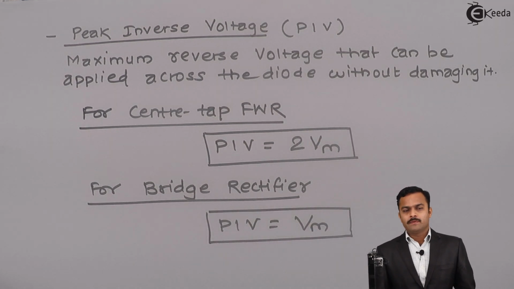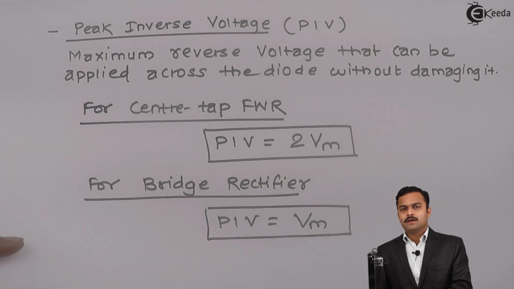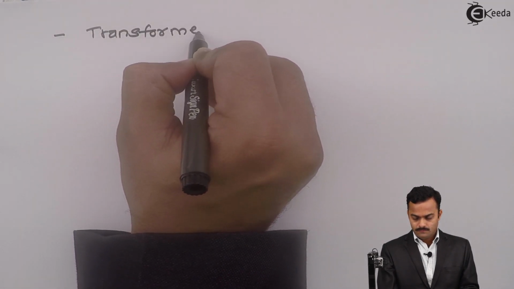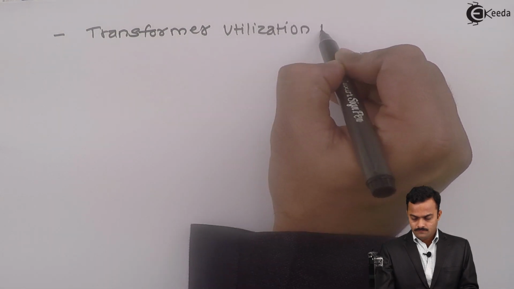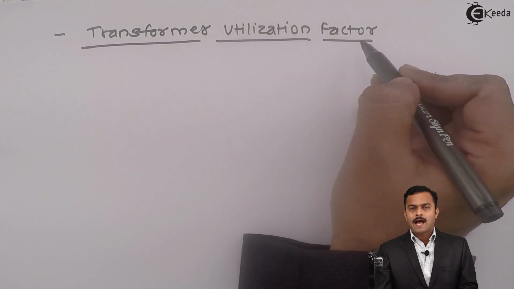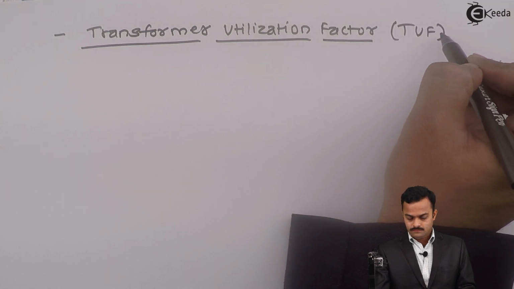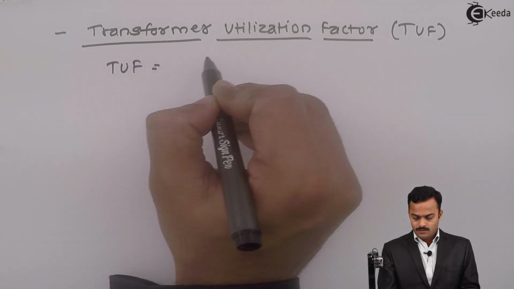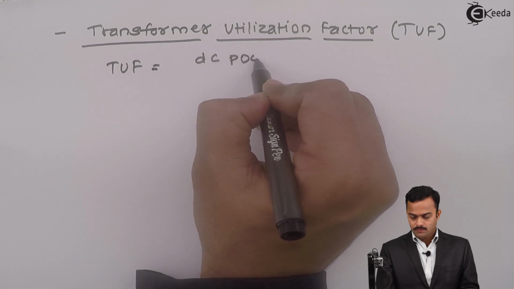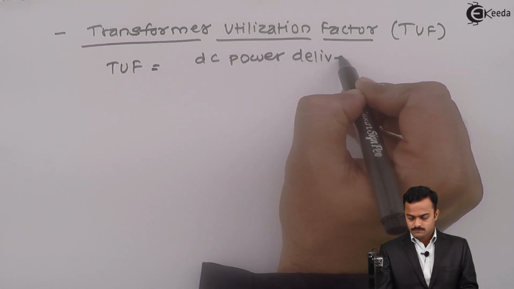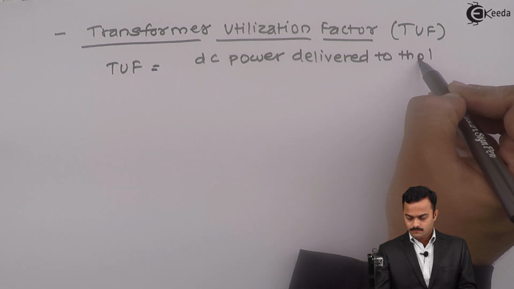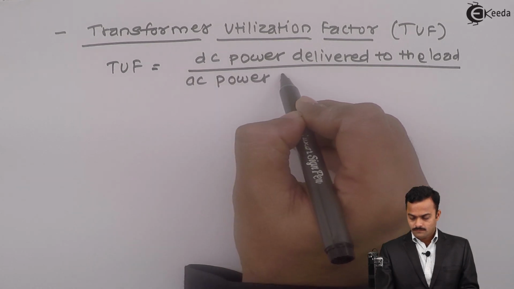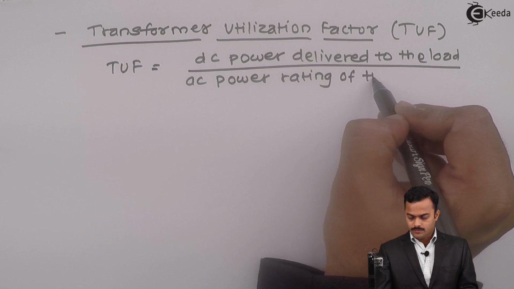Let's go to the next performance parameter, and that is transformer utilization factor, abbreviated as TUF. It indicates the utilization of a transformer and is given as DC power delivered to the load upon AC power rating of transformer secondary.